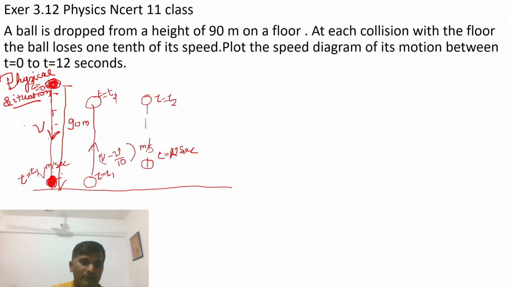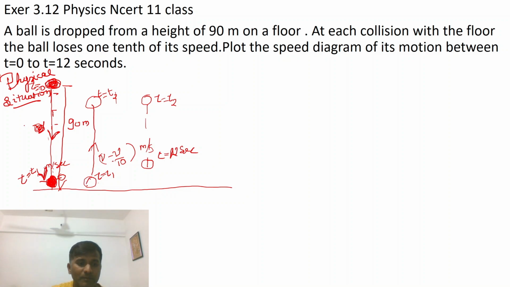The maximum will be just before it reaches the floor. It will be accelerated, so the velocity will be increasing with each point, and just before the moment it hits the ground, the velocity will be v.